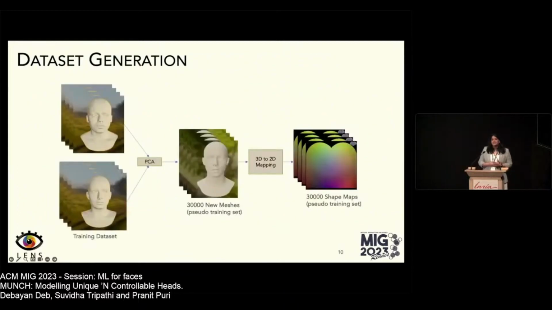Now for the dataset generation part, like I said, we had a very limited number of meshes. We wanted to train a generator or a GAN, which needs large amounts of training data.